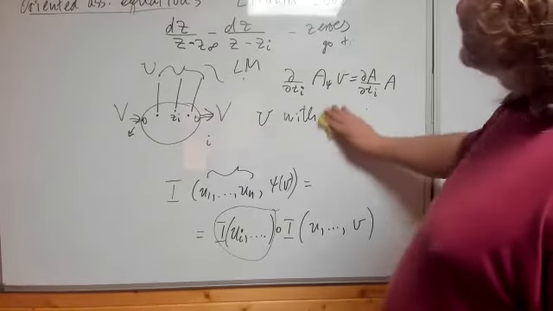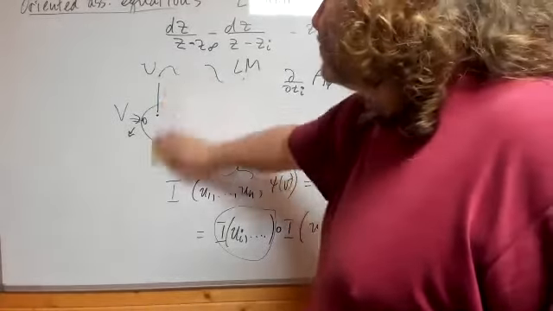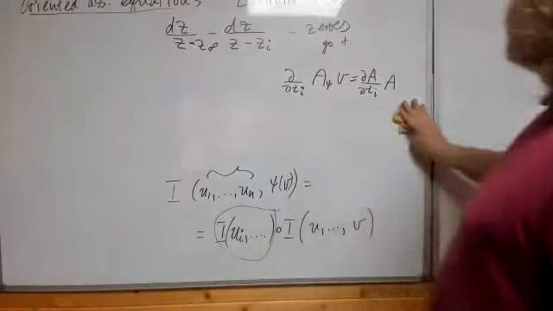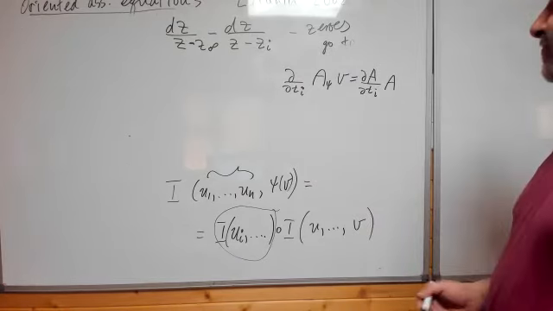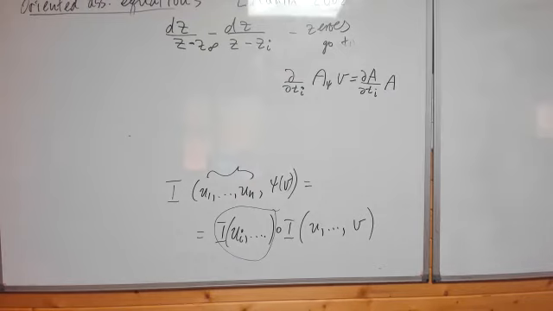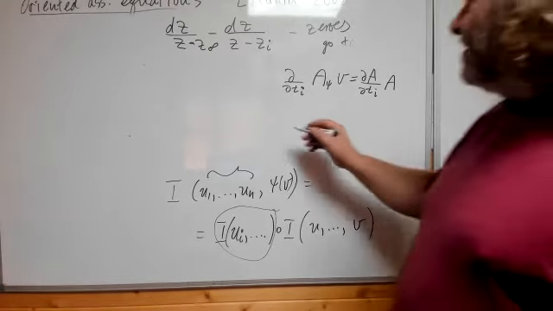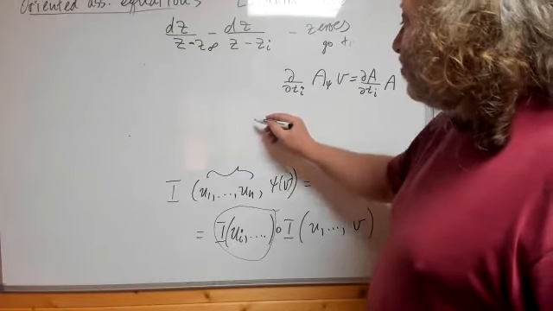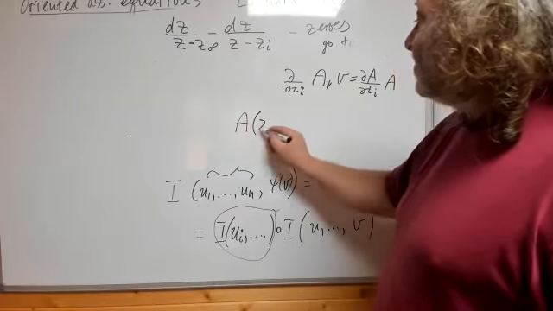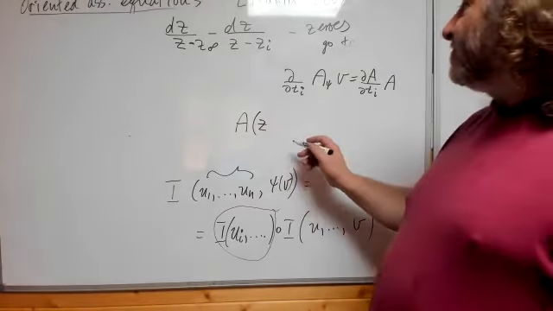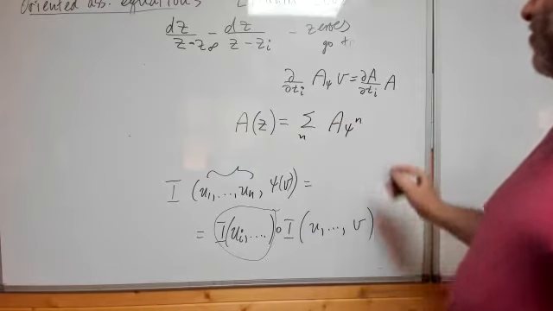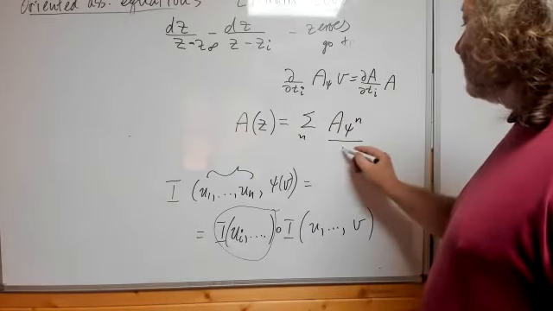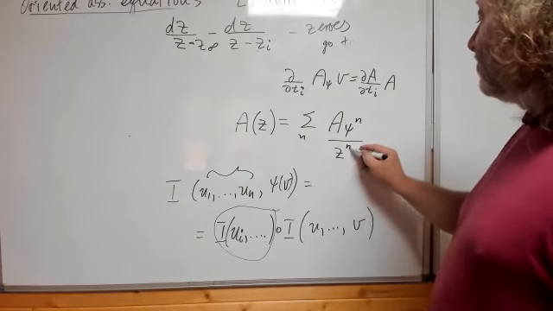Now, let us consider the following generating function, A of Z, that is the sum over n of A psi to the power n, and it turns out that it's convenient to divide it by Z to the power n plus 1.